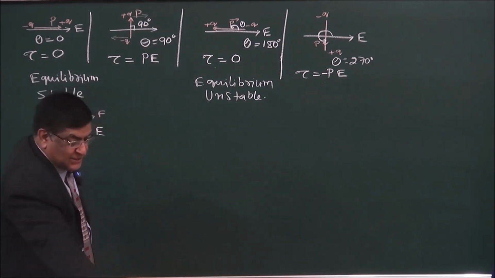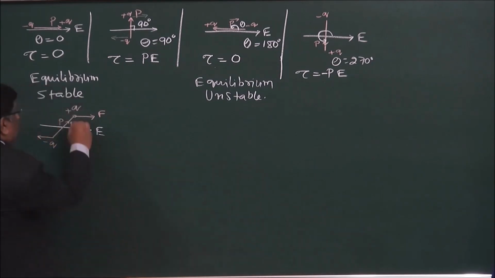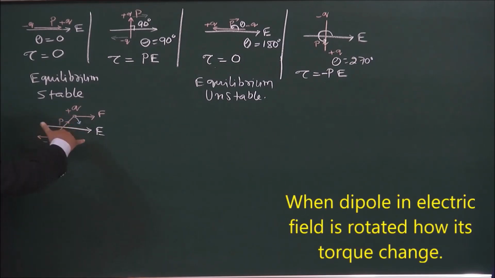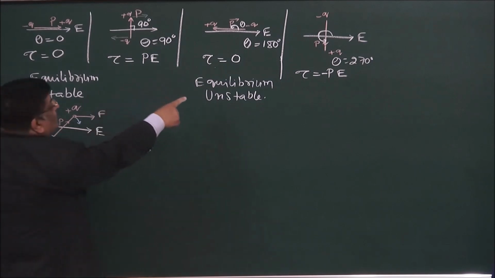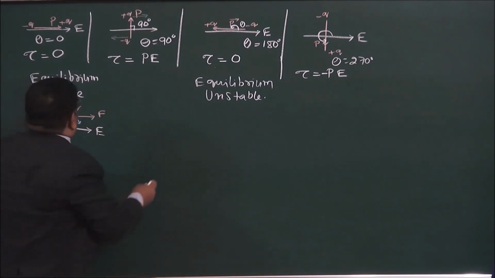In which direction will it be turned? It will be turned in this direction. So the dipole will rotate and come back to this situation when theta is 0 and there will be no torque. So it will stay there.